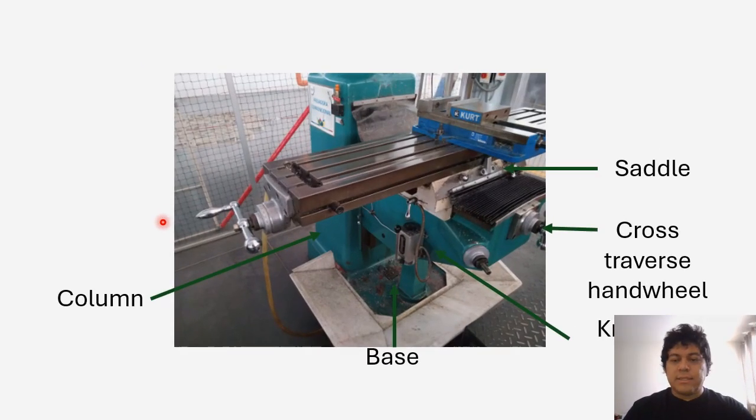Here you can see the saddle. Like we learned, the saddle has the same functionality as in the lathe. It's going to move this little part which is also called the carriage, or the fixture in this case. It's not really a carriage because it already has a table. All machines have the same three directions, like we learned before with the right hand rule, but it's not floating or on rails.